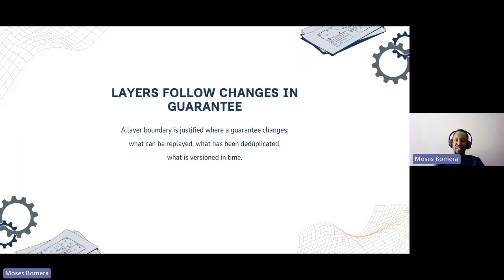There will be a stage where duplication is a problem, so when you need to guarantee that the data is deduplicated, the data moves to the next stage. And in machine learning, you can build something called features. Features are like signals that you extract out of data. That would also be another guarantee or some kind of quality improvement on the data, and would necessitate another layer in how the lakehouse is structured.